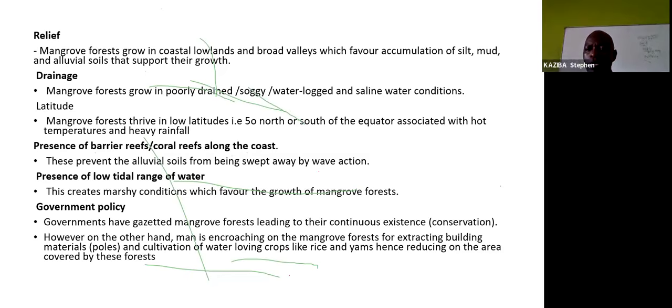Then you tell us, we have two types of sea level changes. We have a positive change, which is also referred to as a rise, which is also referred to as submergence.